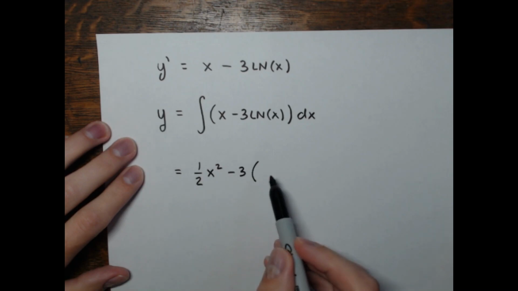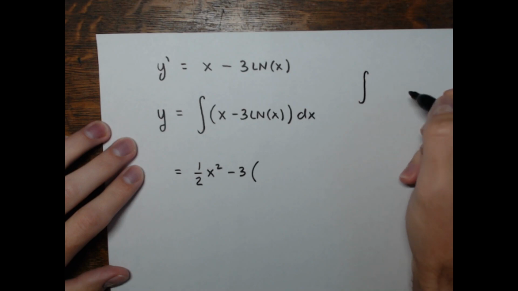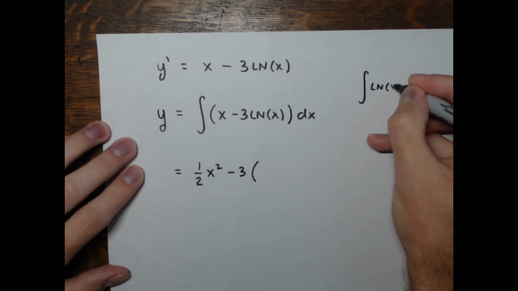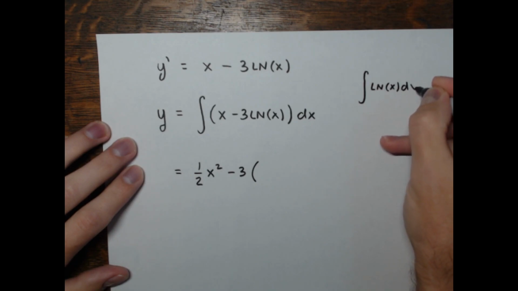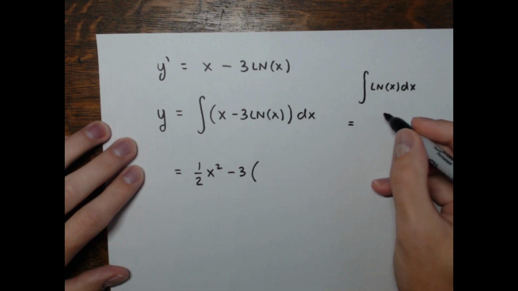Minus 3 times, now, I'm putting parentheses here. If you go back to my videos with the Newton-Alta assignments, it was in the section 3.1 video. We talked about integration by parts, and when you're integrating the natural log function, you can do it by parts.